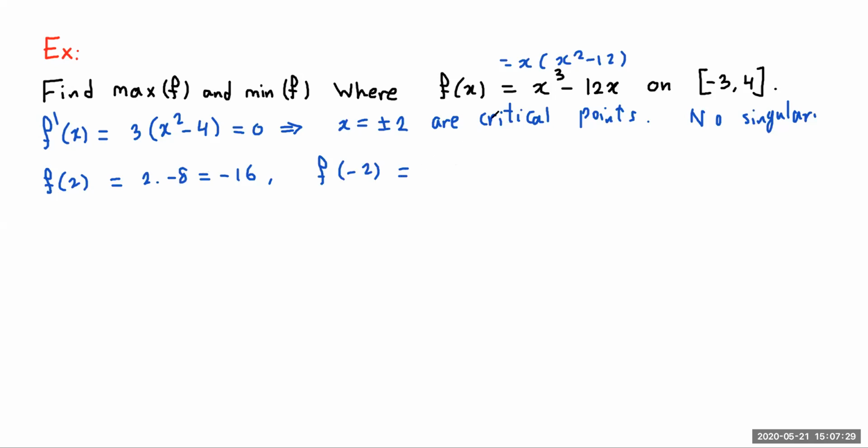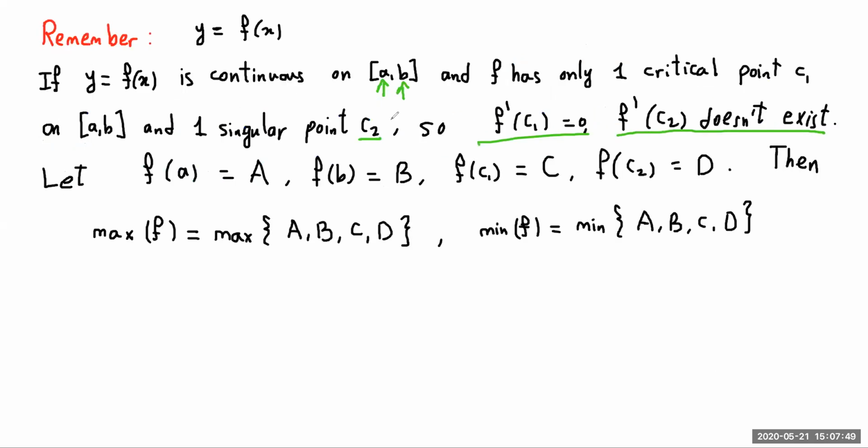It's minus 2 times (minus 2 squared, 4, minus 12), minus 8, so it's 16. So now we have f(2) equal minus 16 and f(-2) equal 16. I'm using this remark here: take f at the critical points, take f at the singular points, I don't have any singular, take f at the beginning, f at the end.